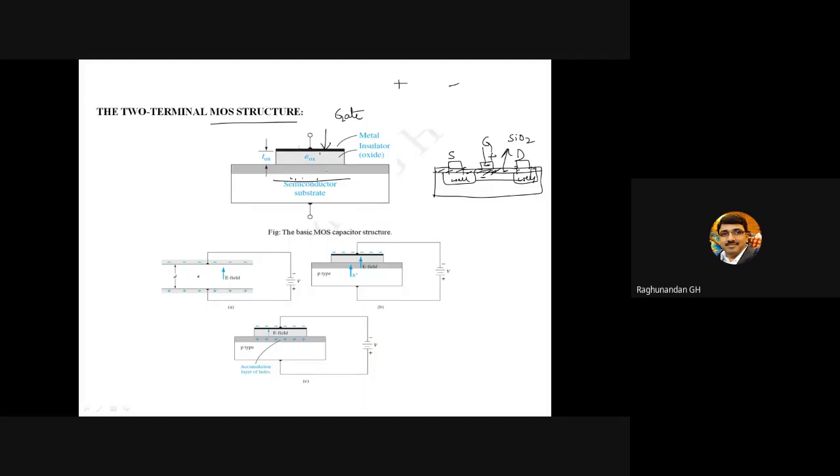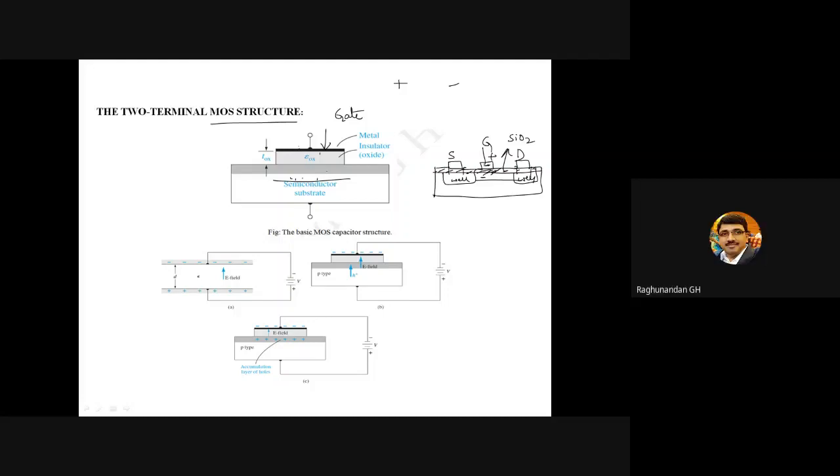Anybody? Nivedita? Yes, sir. What is your answer for this? Will the charge on the gate and the charge on the channel be same or different? I think it should be same.